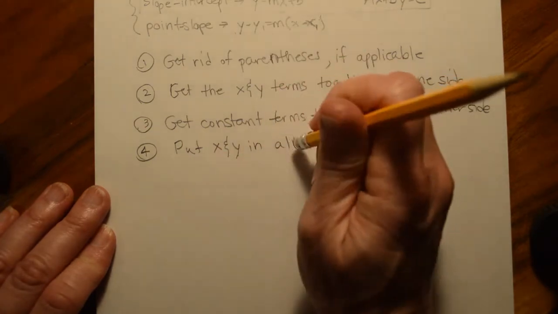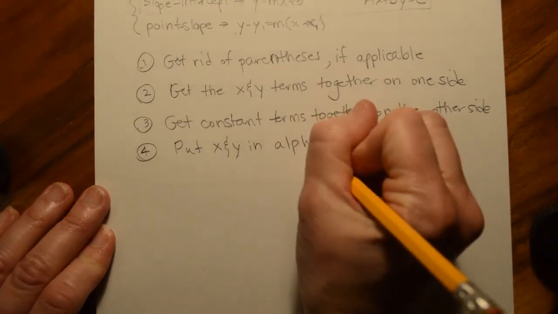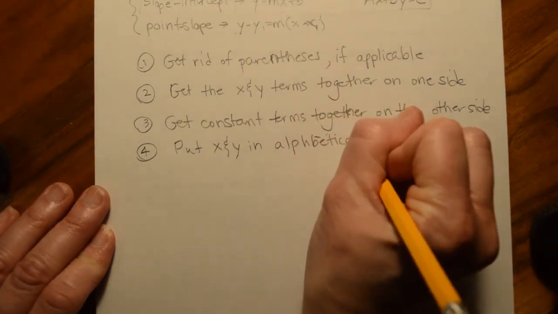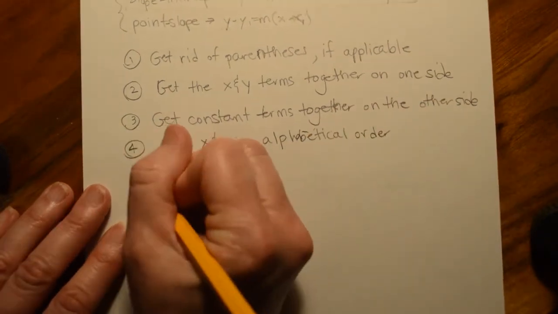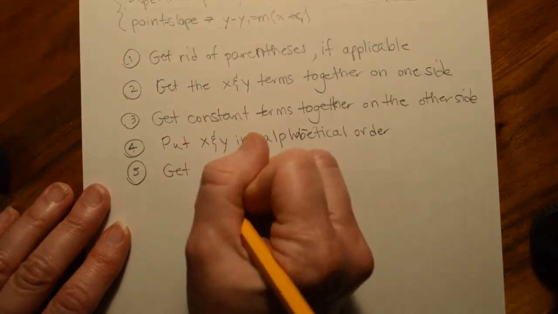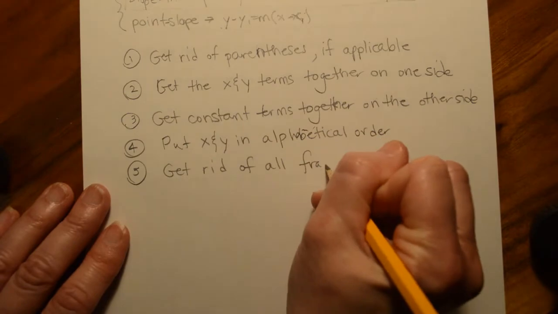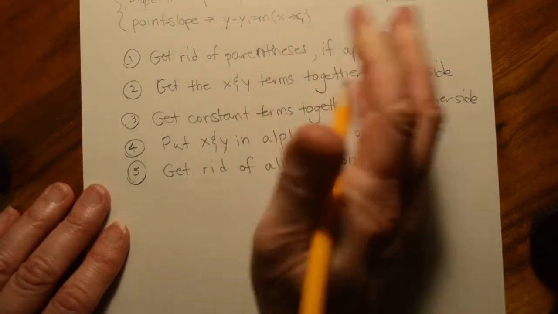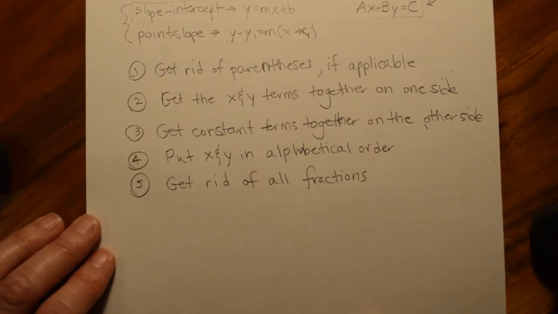Whoops, I can't spell while I'm talking. A-L-P-H-A-B-E-T. Alphabetical order. And then 5 is get rid of all fractions. And again, they don't have to be done in this order, but they are all things that have to be done.